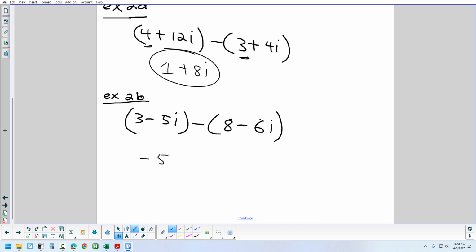Oh, minus 8. Yeah, so 3 minus 8. And what about your imaginary part? 1i, because it's -5 minus -6. A minus a minus becomes a plus, just like with regular real numbers. Okay, so that's adding and subtracting. Any questions on those two?